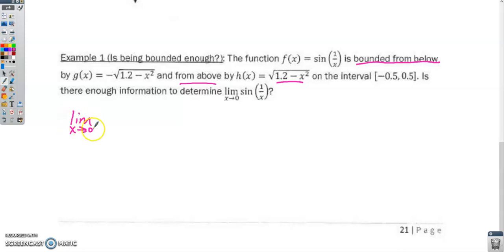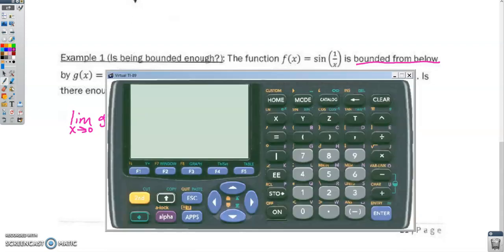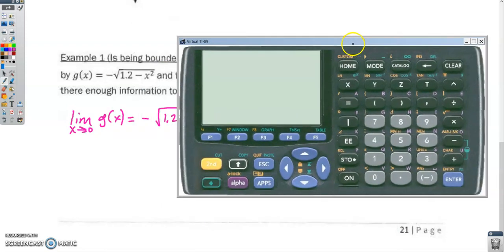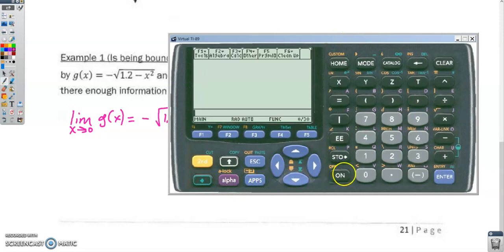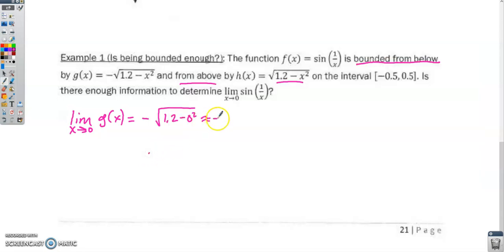Limit as x approaches 0 of g of x is approximately the opposite of the square root of 1.2, or negative 1.095 approximately.